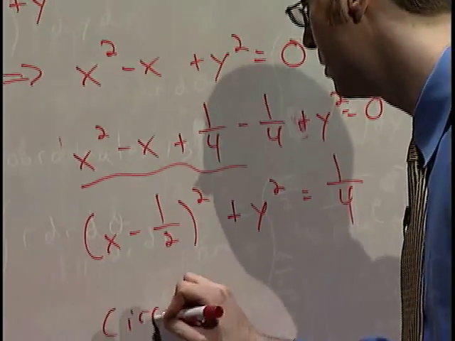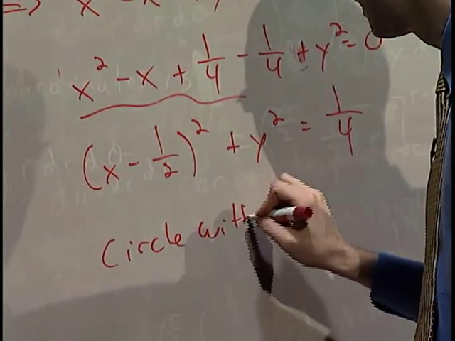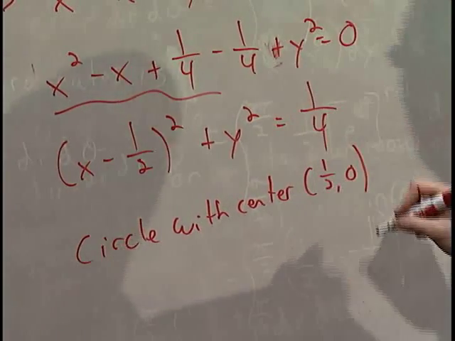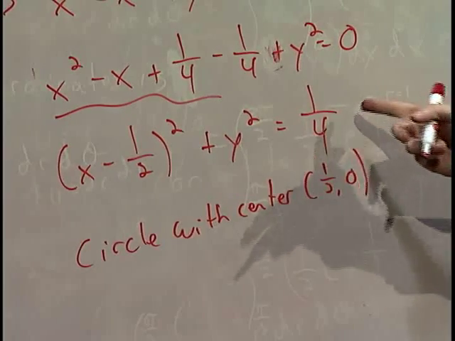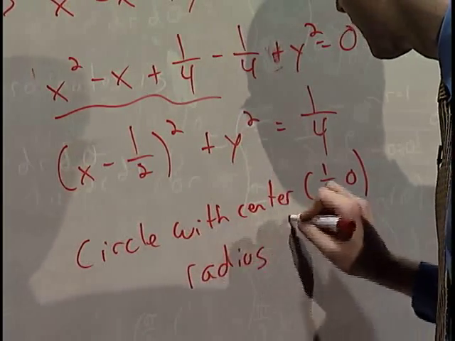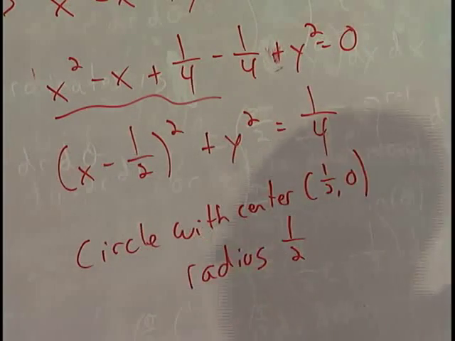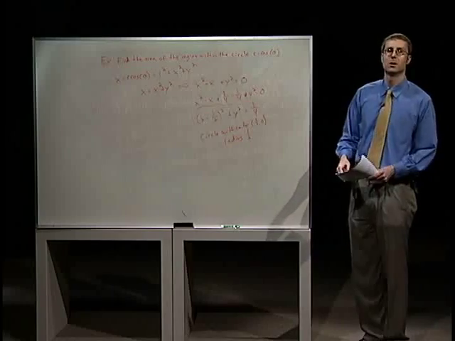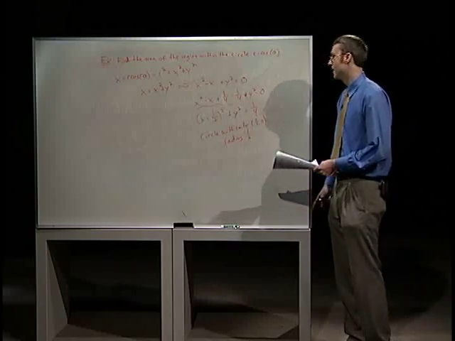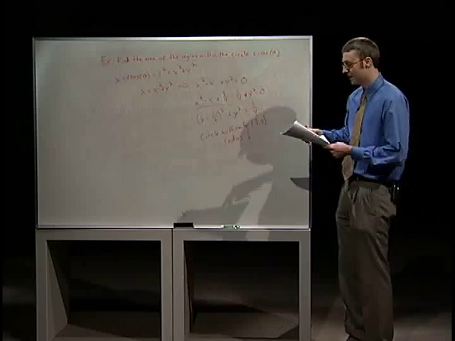Well, it's a circle with center (1/2, 0), and this is r squared, so the radius is 1/2. So this is a circle with center (1/2, 0) and a radius of 1/2. That was maybe not ingenuity, but just looking at what I had here and getting into something nice.